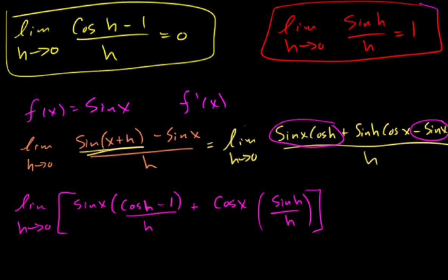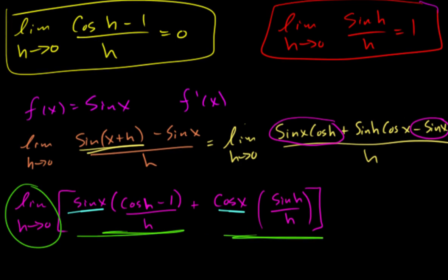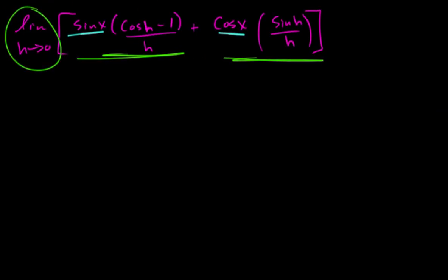Alright, since sine x and cosine x are independent from h, we can actually take them out of the limit. We're going to do a couple things here. We're going to write the limit on this piece and on this piece. Maybe I'll do two separate steps just to make it clear.